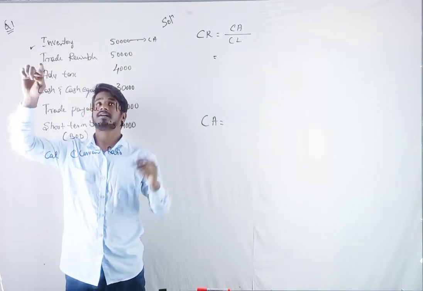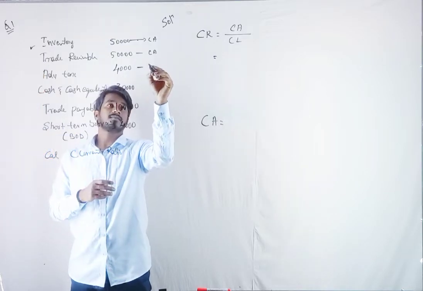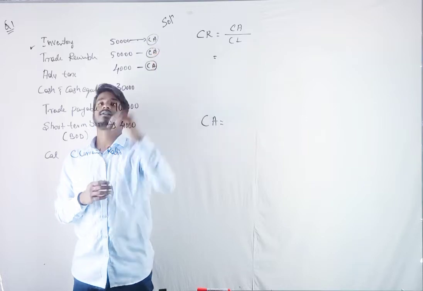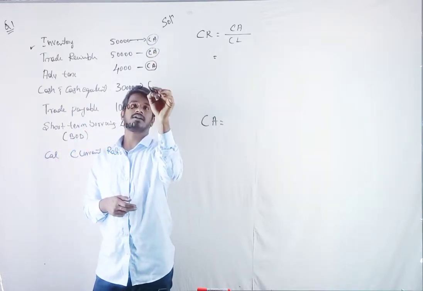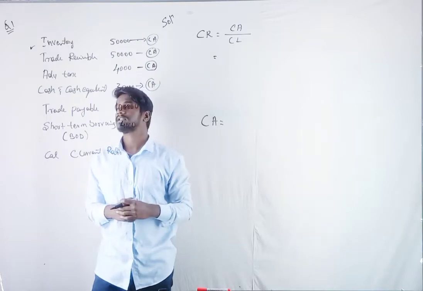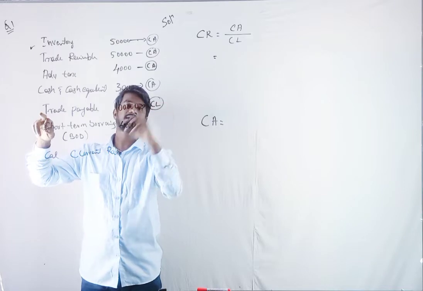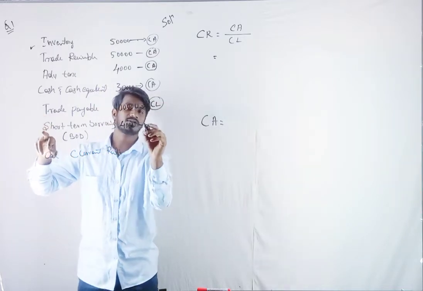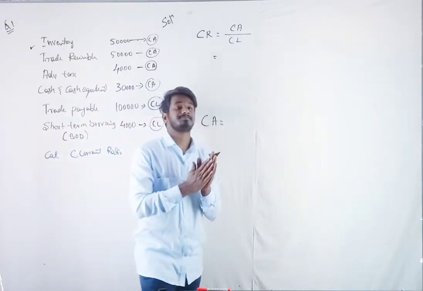Trade receivable is also your current asset. Advance tax is also your current asset. Cash and cash equivalent is obviously current asset. Trade payable is your current liability. Short term borrowings, obviously, are your current liability.